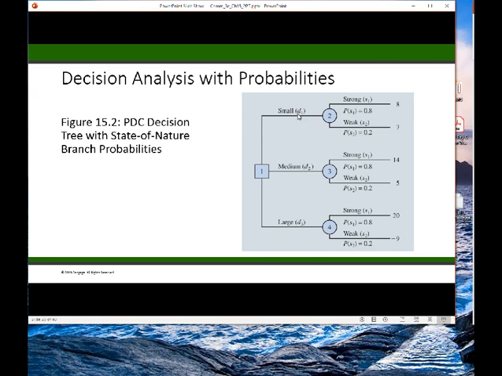And then add that to the payoff for a weak demand branch for the small project, which would be 7 times 0.2, which is 1.4. Add the two together, 6.4 and 1.4, and you get 7.8. And likewise for the other probabilities.